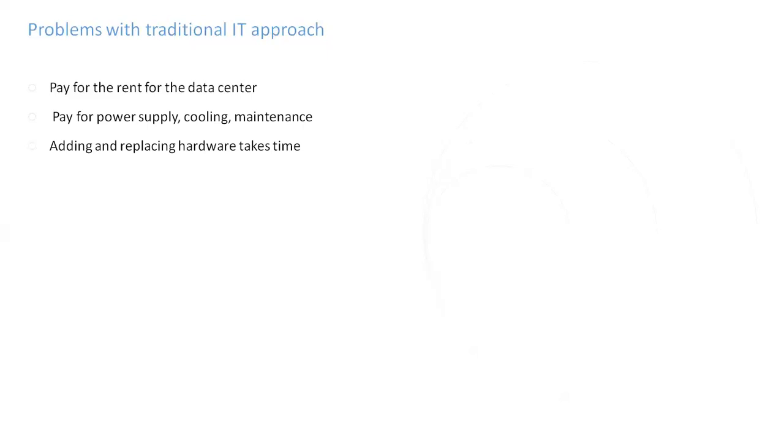Suppose during peak or festival time you need to add 100 more servers to handle the requests. But whenever you require, you can't immediately add additional resources as per your business requirement. Adding them immediately is not possible.